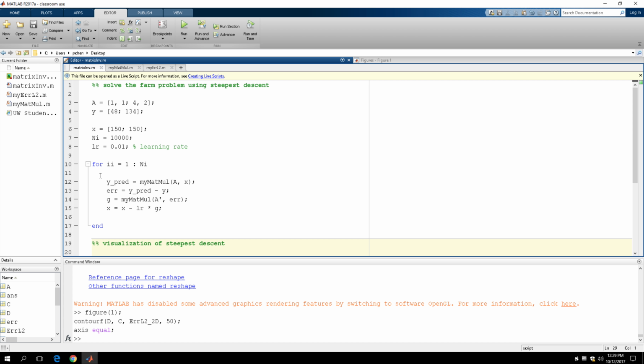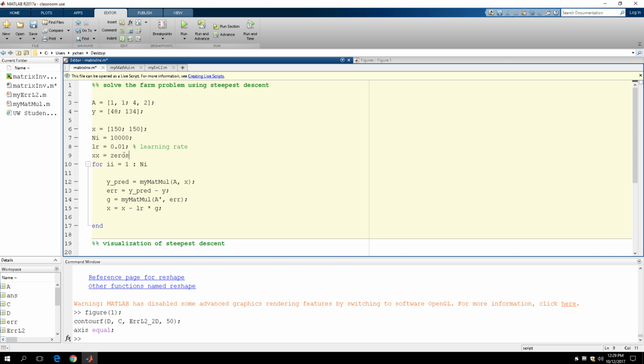So now on this two-dimensional plot, let's take a look at how x evolves throughout the iteration, right? In order to do that, we need to store the x values used for every iteration into a vector. Let's call it xx.